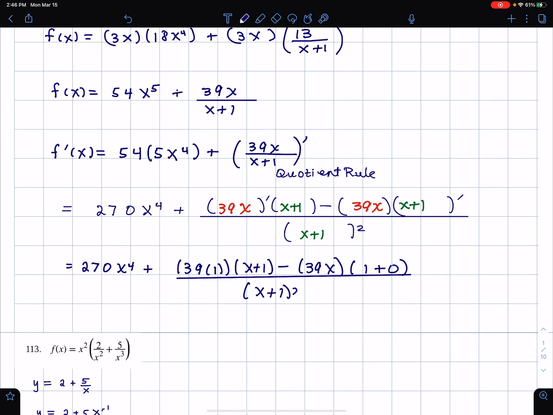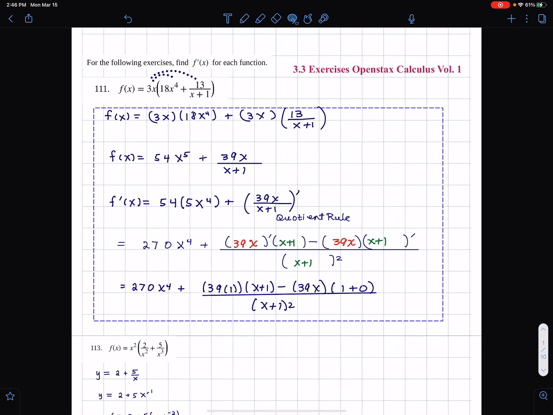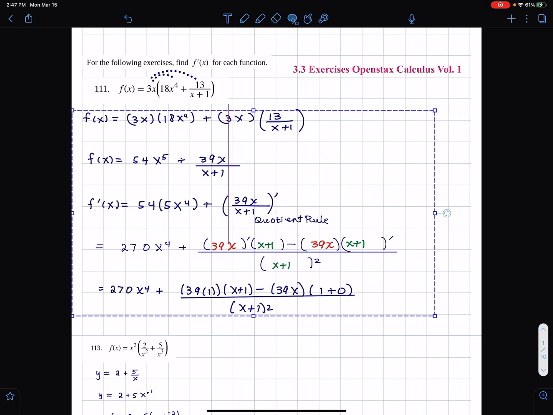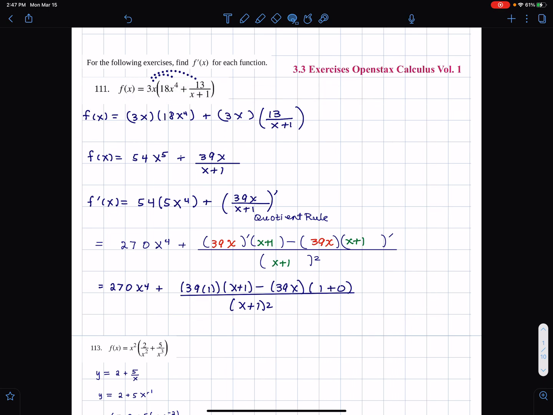And I divide by x plus 1 squared. I thought I would have enough room here, but I can just move everything over maybe.